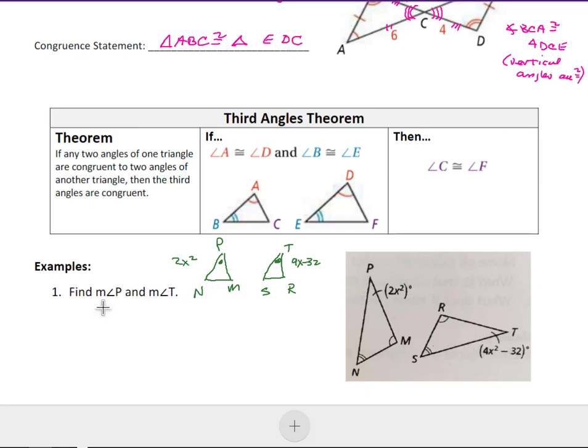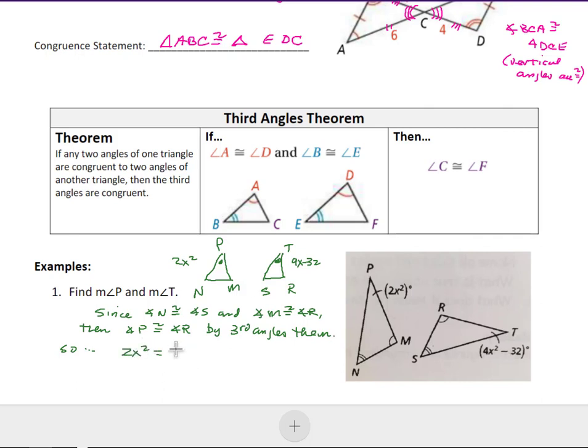So we can say that 2x squared is equal to 4x squared minus 32. If we solve for x, take away 4x squared from both sides, we get negative 2x squared is equal to negative 32.